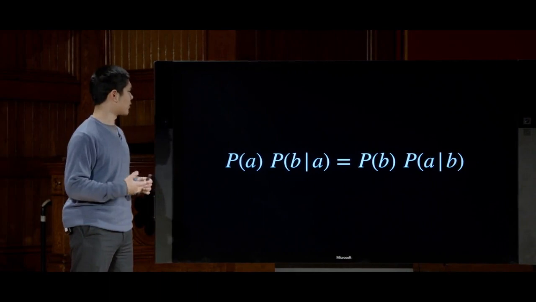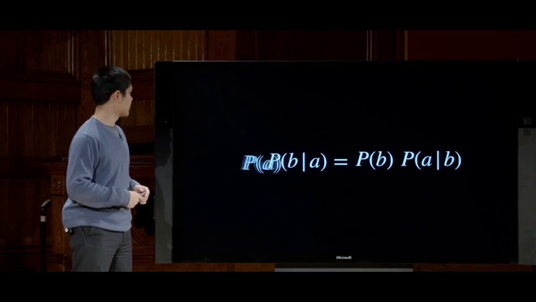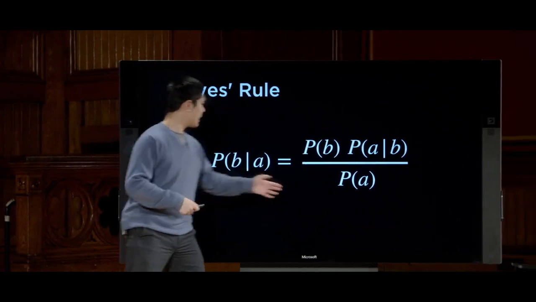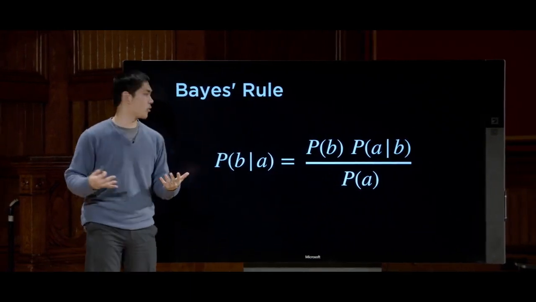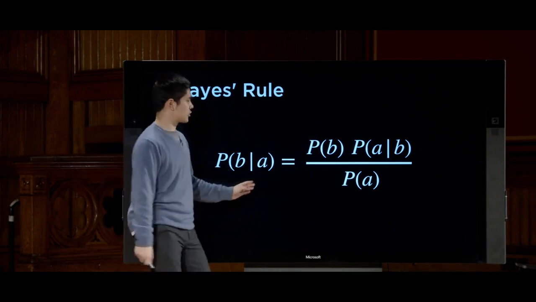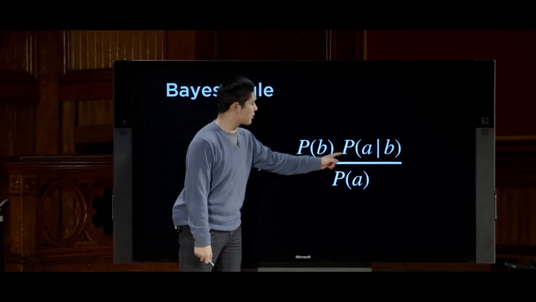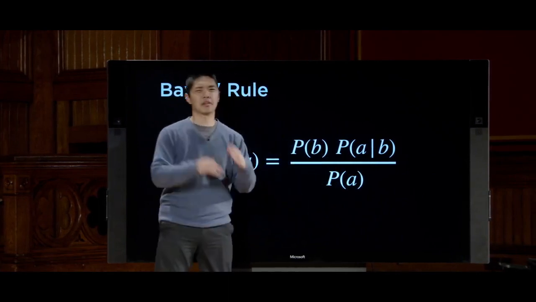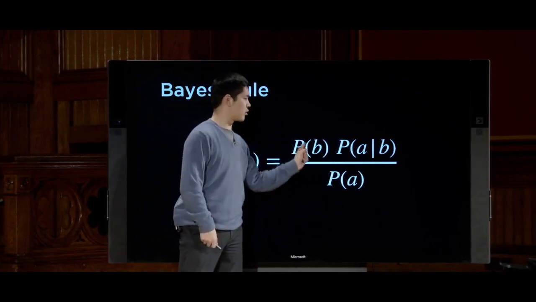And now all we're going to do is a little bit of division. I'm going to divide both sides by P of A. And now I get what is Bayes' rule. The probability of B given A is equal to the probability of B times the probability of A given B divided by the probability of A. Sometimes in Bayes' rule, you'll see the order of these two arguments switched.